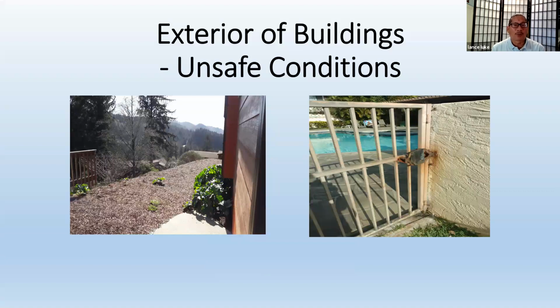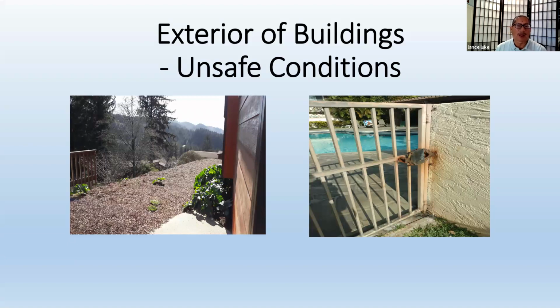And let's look at what other unsafe conditions are there. If you look at the photo on the left, you see that wooden fence. Now the problem here is that that fence was too short. It should be extended all the way to cover the back.